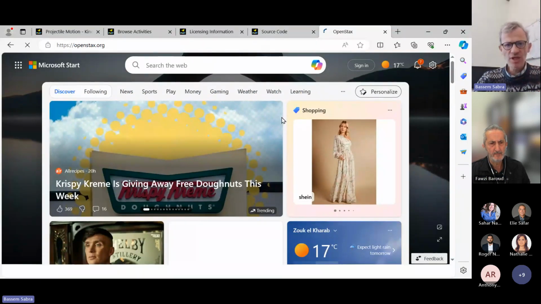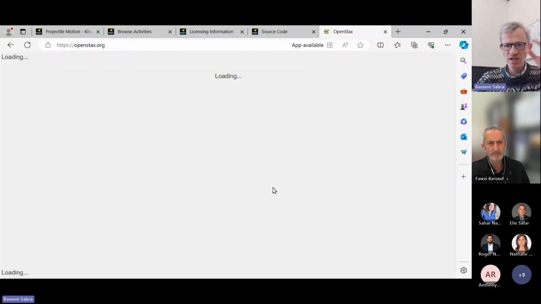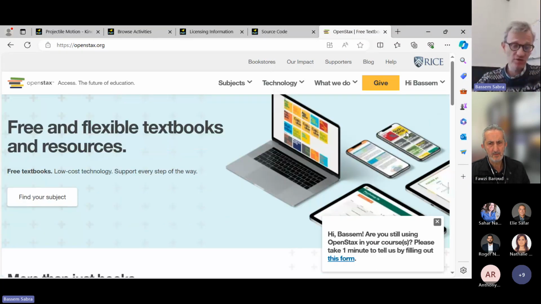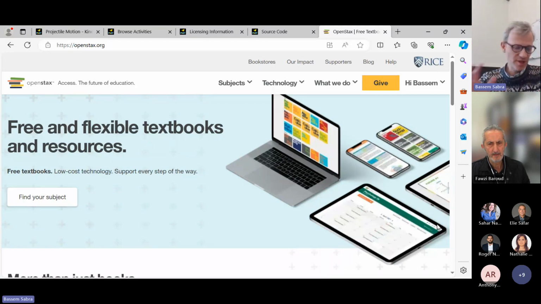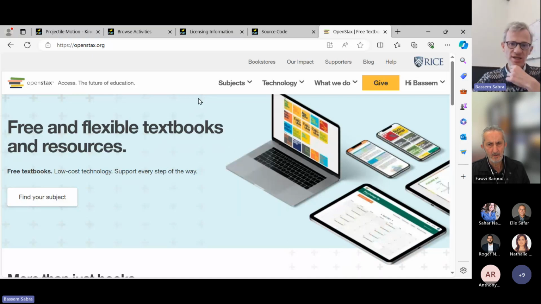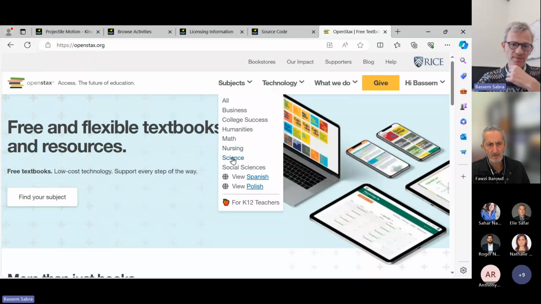Basically, I talked about this last year, so this year I did not want to go over it again. What we try to do is push instructors to use textbooks, especially the entry-level textbooks from OpenStax's website. They are textbooks written and curated by Rice University in the US, covering many subjects.